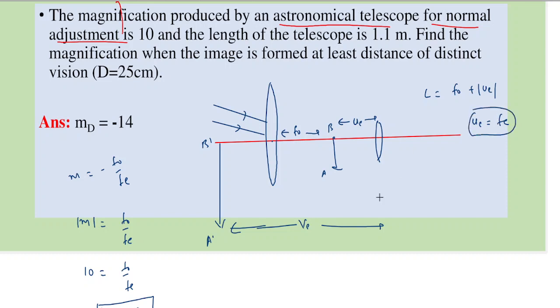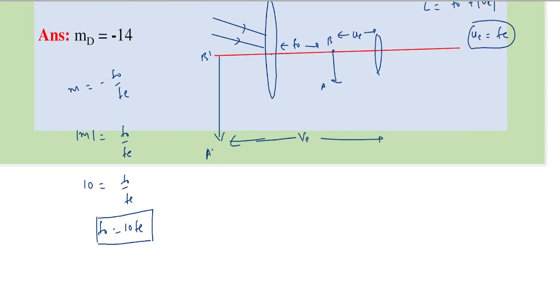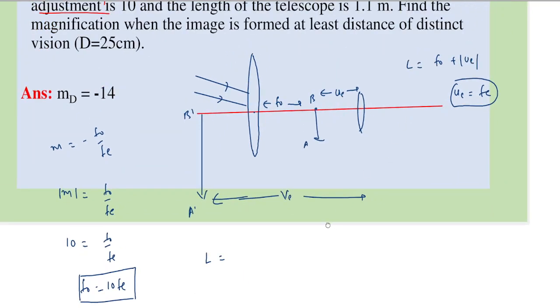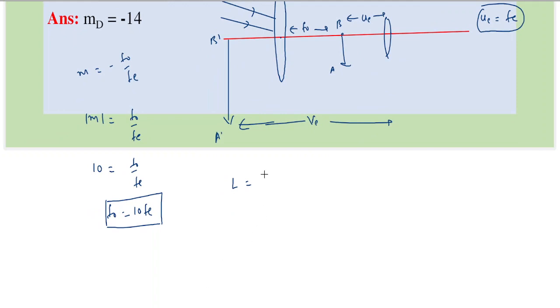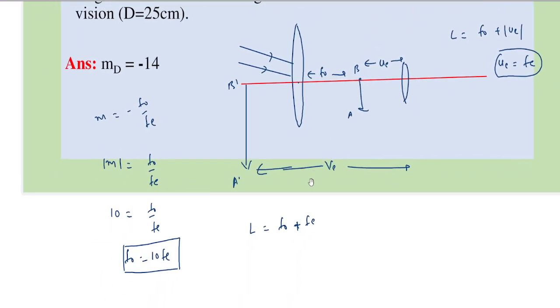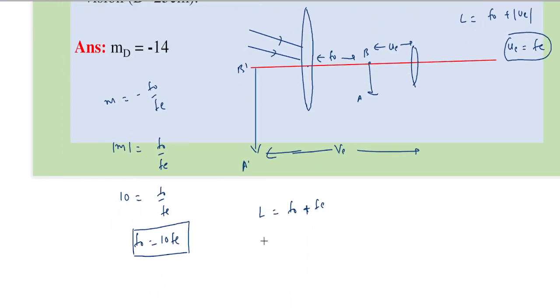So L is equal to f0 plus UE, which is f0 plus fe, and this L itself is given as 1.1. So 1.1 is equal to 10 times fe plus fe.